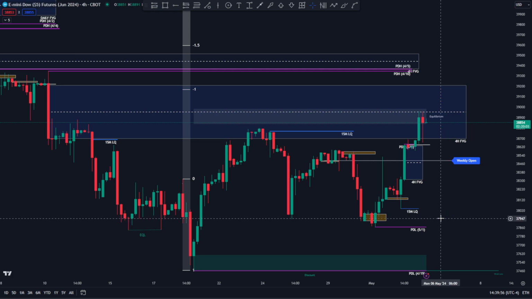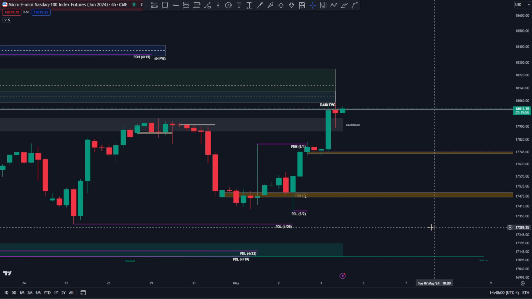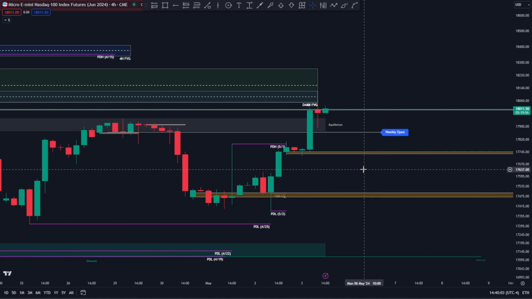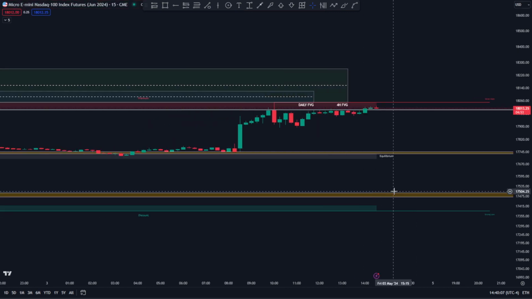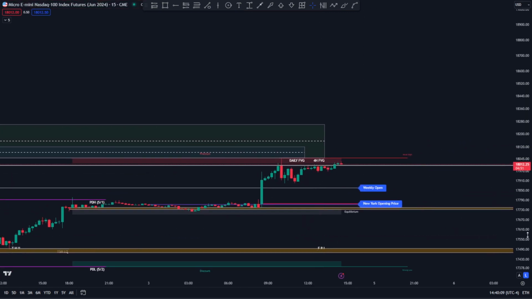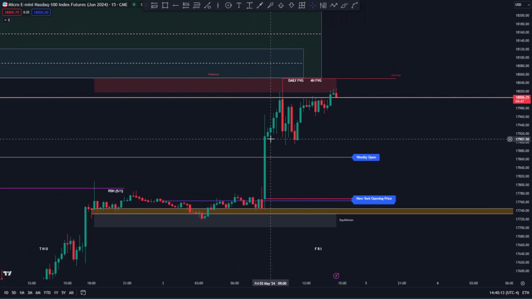Let me jump into NFP here. I didn't touch or try to go short at all today. Let me just jump down to some lower time frames. The reason I did not is because I'm thinking we're going to rebalance that area.